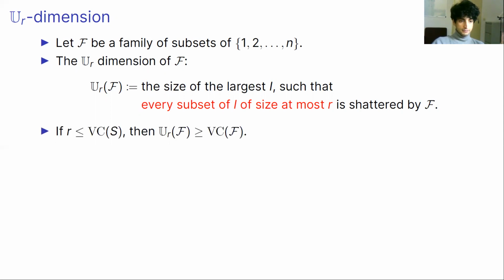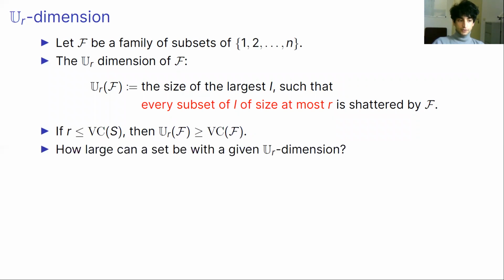It follows from the definition that this is at least the VC dimension, when we're in the correct parameter regime. So there's a hope that maybe we can prove better Sauer-Shelah type lemmas for this quantity.